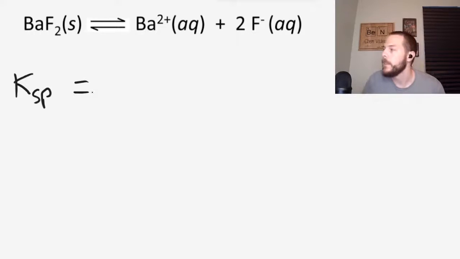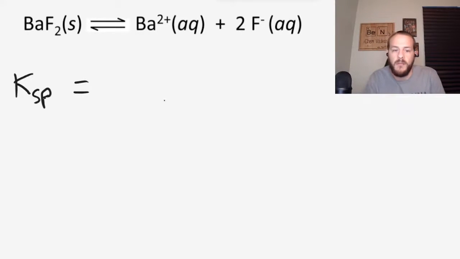Well, we're drawing upon our prior knowledge of chemical equilibrium here, but any equilibrium constant is simply going to be the concentrations of the products raised to their stoichiometric coefficients divided by the concentrations of the reactants raised to their stoichiometric coefficients. That's called the law of mass action, one of the very first things that we learned when we were talking about chemical equilibrium.